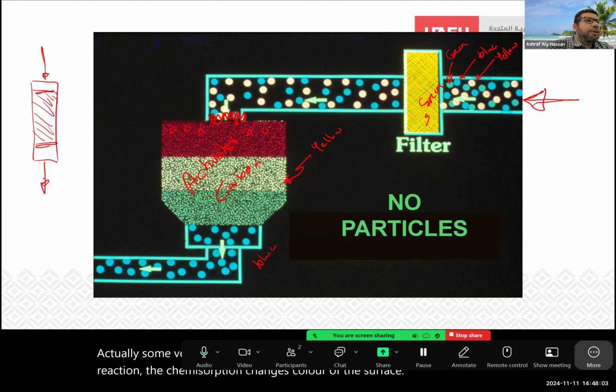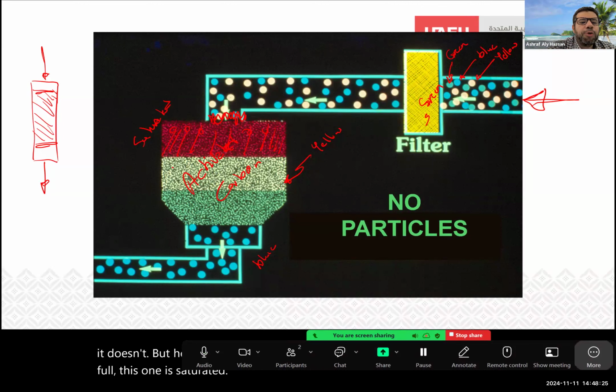That's permanganate. If you're using a permanganate surface and it reacts, it changes color. But this is very rare. Usually it doesn't. Here it's just a representation to show you that this one is full. This one is saturated. Yellow is being filled. Available for adsorption. Very good.